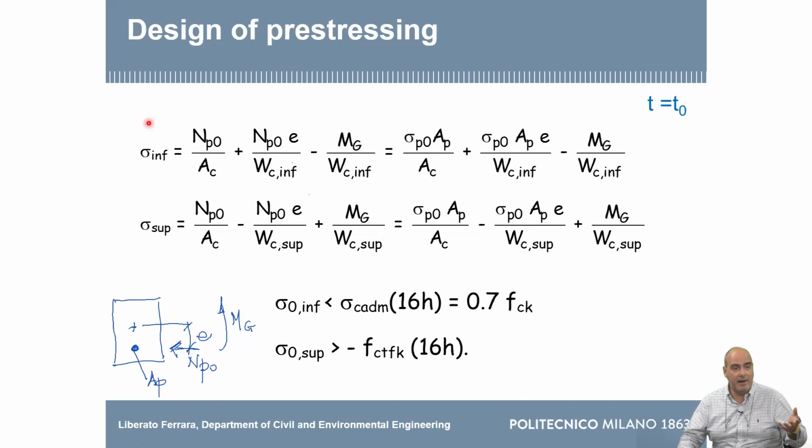So we compare this compressive stress with the limit that we have set for the 16 hours, because here, what we are considering, pre-stressing and self-weight, is when we have just released the pre-stressing and demolded. So we are at 16 hours, and this is the limit that we have accepted, 0.7 fck at 16 hours, if you remember.